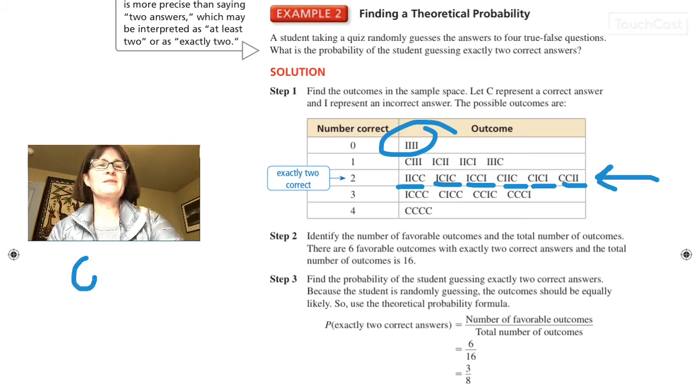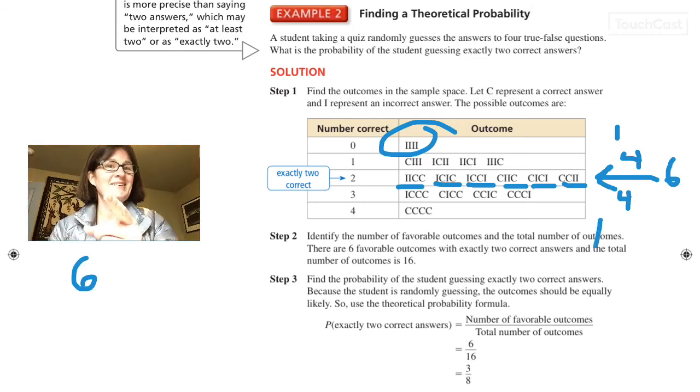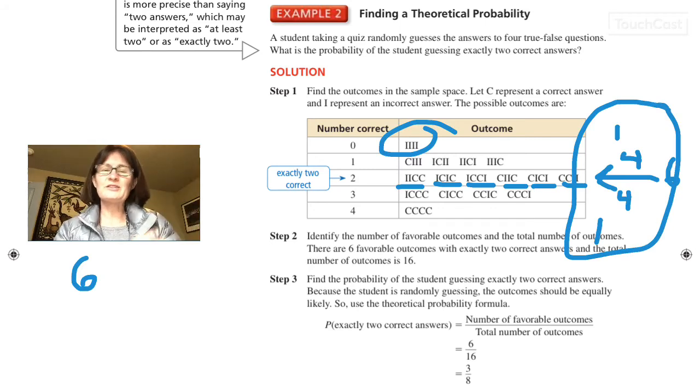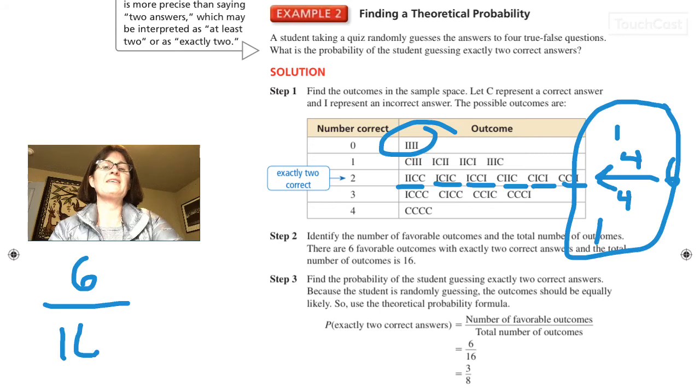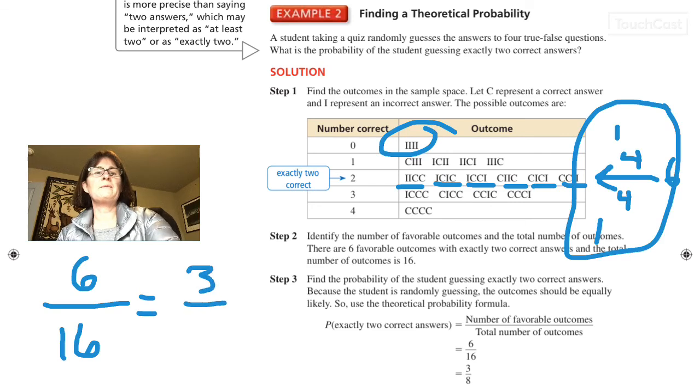So the 6 we have, notice there's 1 in this row, 4, 6, 4, 1. Seen those numbers before? Like in the triangle? Those are the handshake numbers. That fourth row in Pascal's triangle. So that's 16 altogether. The probability of guessing exactly 2 correctly is going to be 6 out of 16, which you could reduce to 3 out of 8.